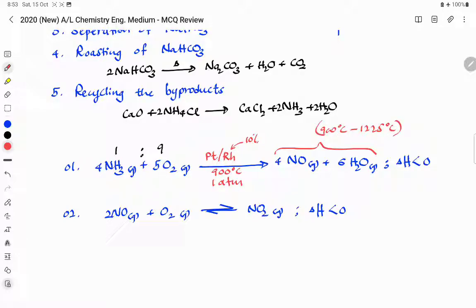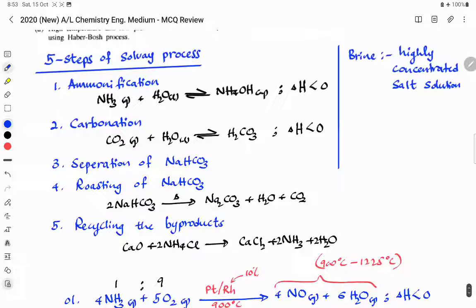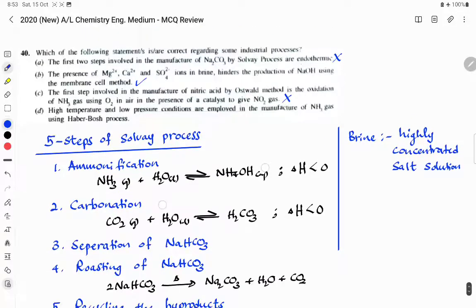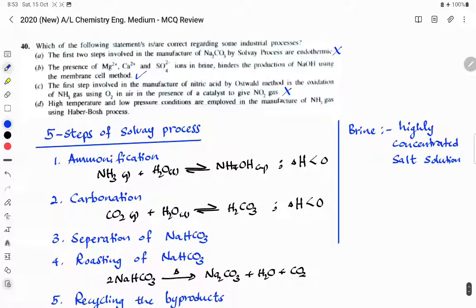So high temperatures demotivate the second step reaction. Therefore, we have to cool down this reaction mixture, this product mixture, up to 150 degrees Celsius, so that we can get most of the NO2 from this reaction. Therefore, this is the second step. The second step produces NO2, not the first step. Therefore, the statement C is incorrect.